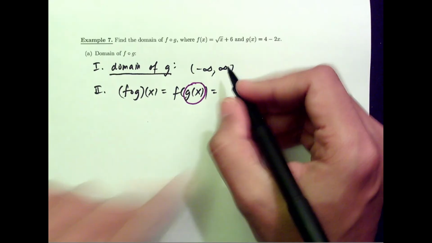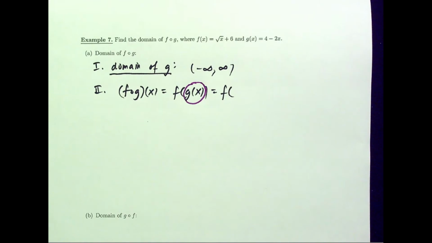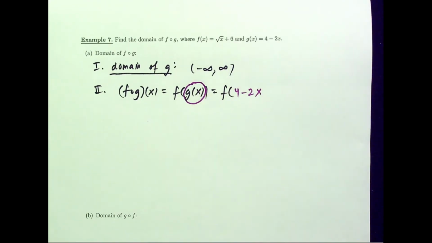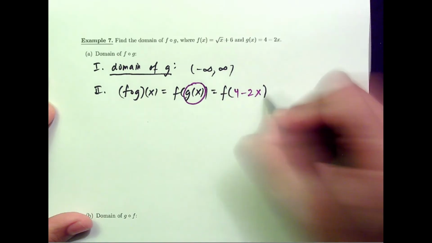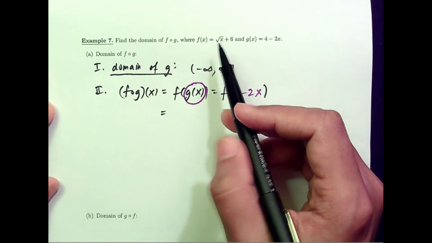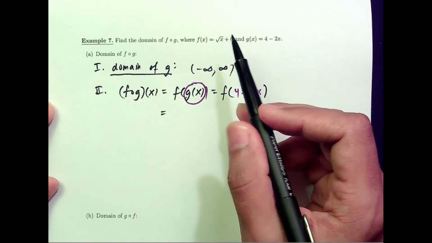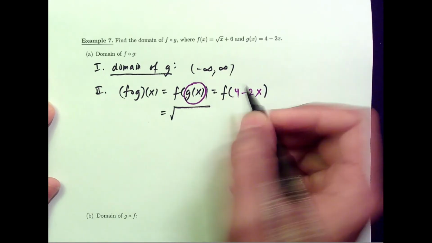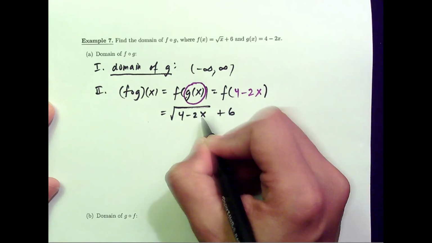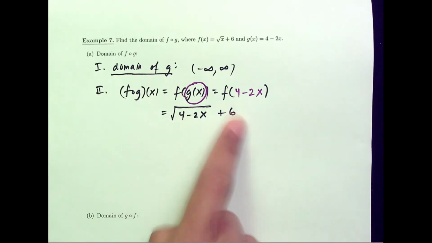So I'm replacing g of x with 4 minus 2x, and then I replace in the formula for f, wherever I see x, I put 4 minus 2x. So that means this is going to be square root of, instead of x, I put 4 minus 2x plus 6. And then we're supposed to find the domain of this expression right here.